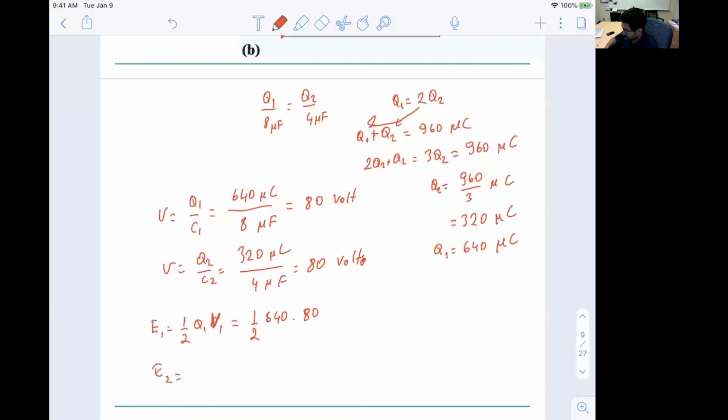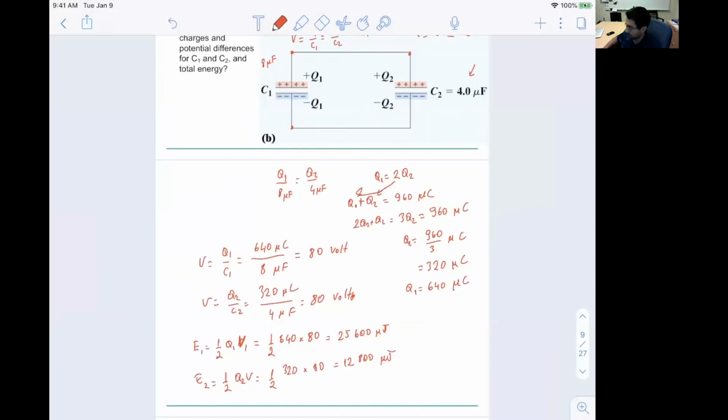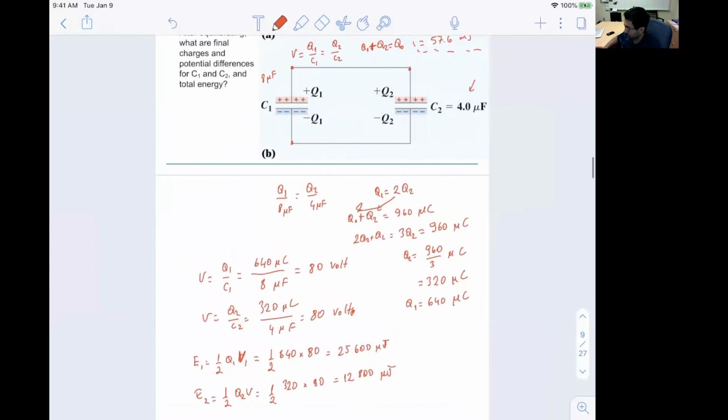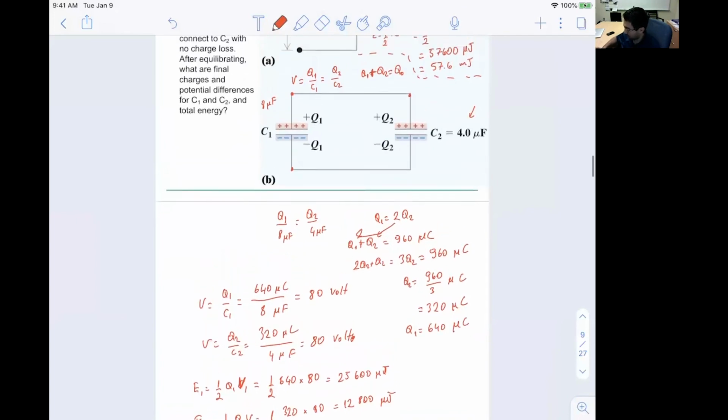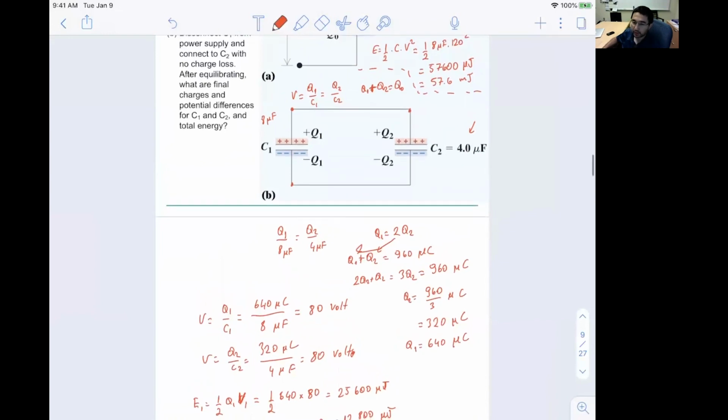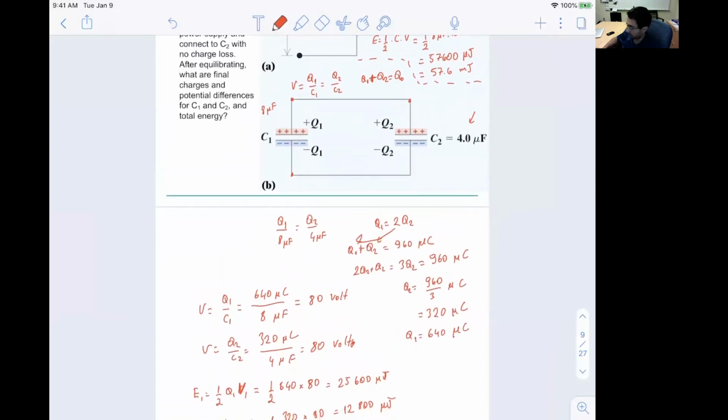And E2 is going to be computed similarly. Now you see that if you look at E1 and E2, the summation will be less than the initial total energy. So during this process, we lose some energy in the system.